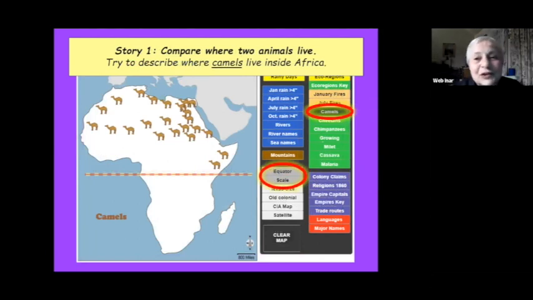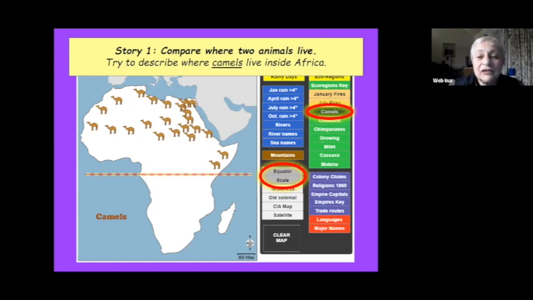Now to our first story. We've turned on camels, and whether you're teaching third grade or sixth grade or high school, it's important that students try to describe where camels live inside Africa. And we might try to anticipate what a third grader would say, and maybe they'd say the camels are in the top of Africa.